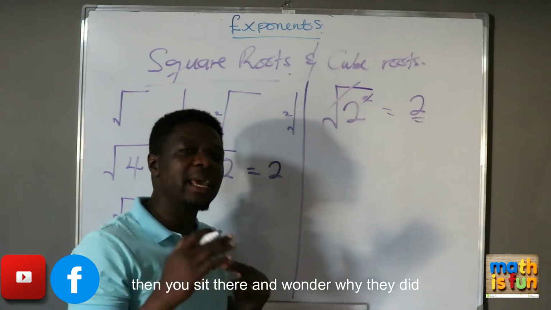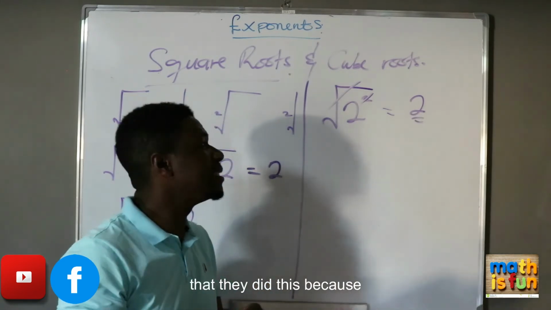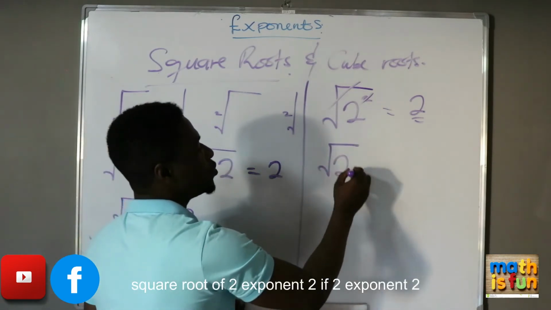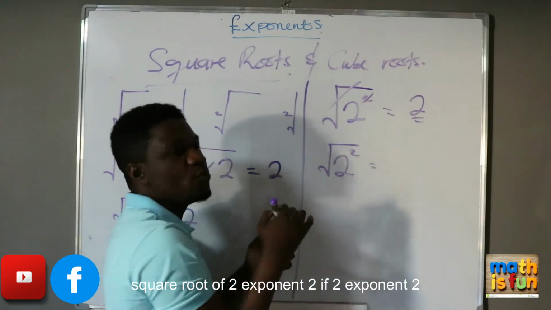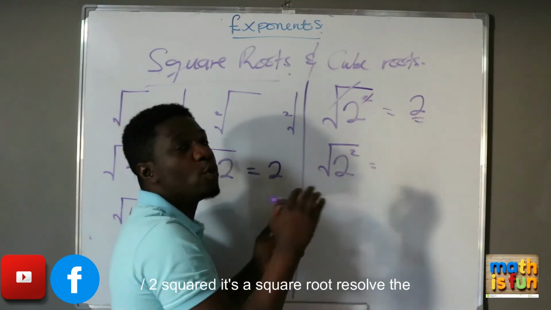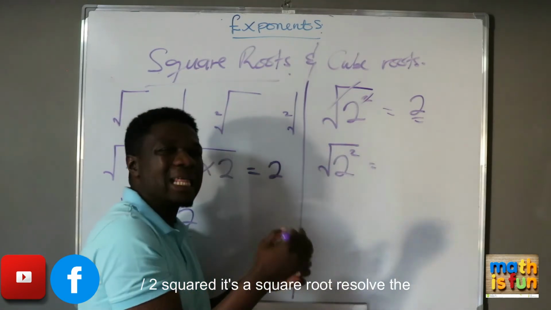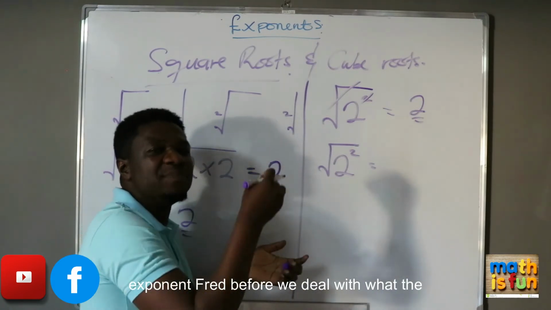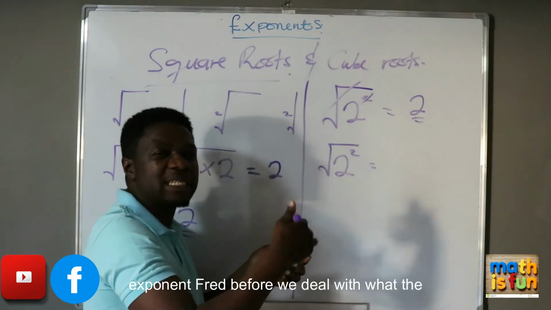Then you sit there and wonder why they did that. They did this because if 2 exponent 2, or 2 squared, is under a square root, we solve the exponent first before we deal with what? The square root.